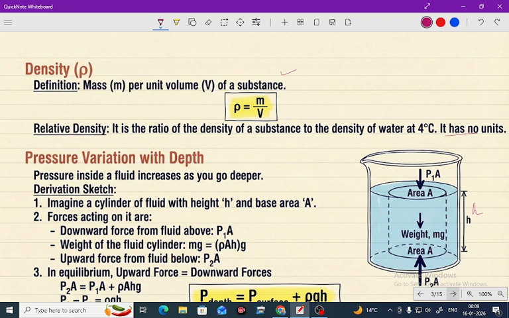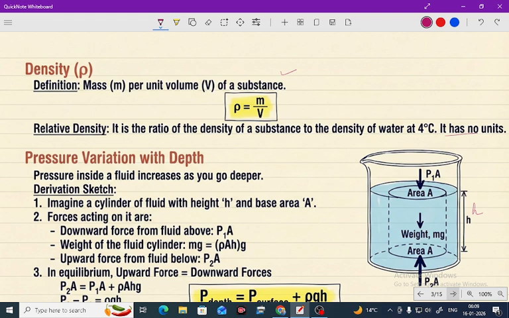Mass is rho into volume, and volume is A into h, so mg equals rho A h g.